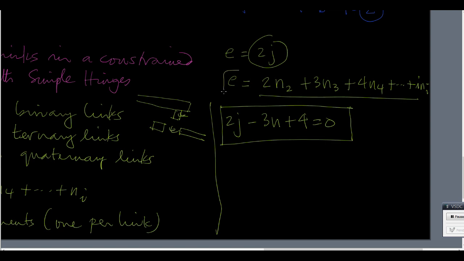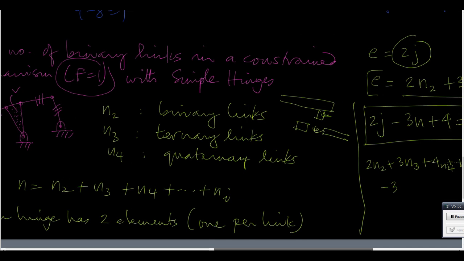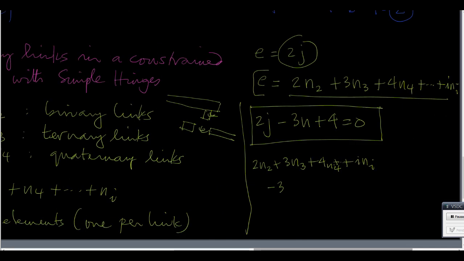2j is this here, and so we have 2n2 plus 3n3 plus 4n4 plus dot dot dot, okay, minus 3, and what is n? N is the total number of links, right? So n is n2 plus n3 plus n4 and so on.